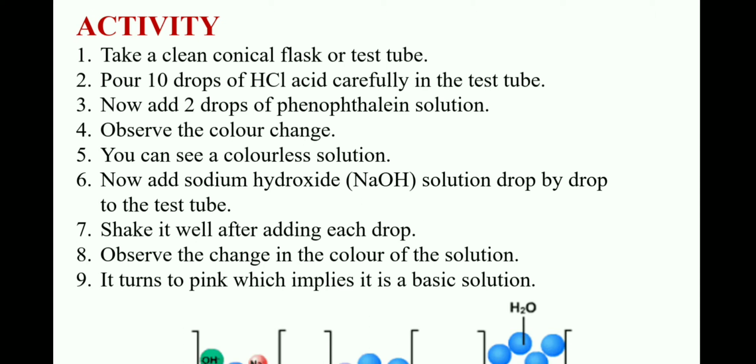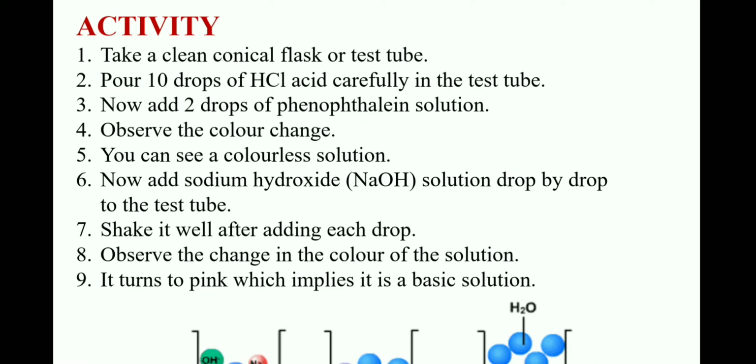What is phenolphthalein? Phenolphthalein is an indicator. Observe the color change. You can see a colorless solution. We know that phenolphthalein remains colorless in acidic solution and it changes its color to pink in basic solution.